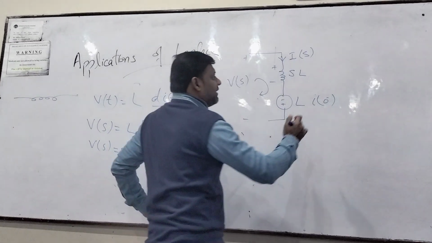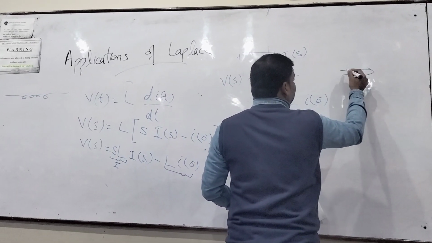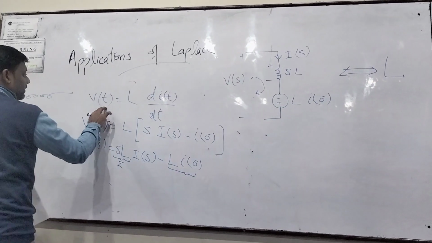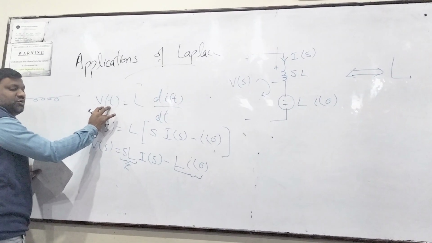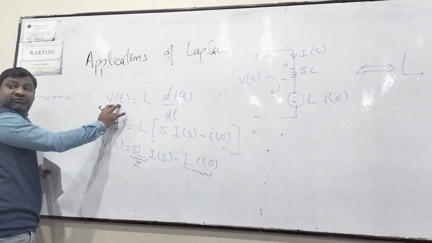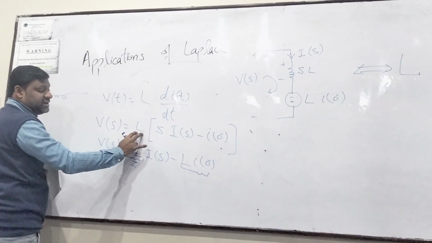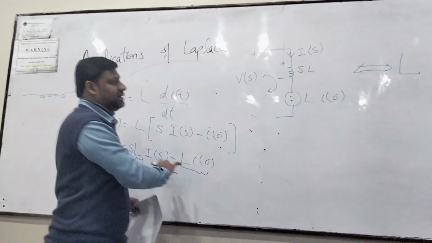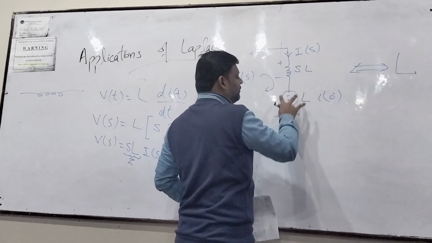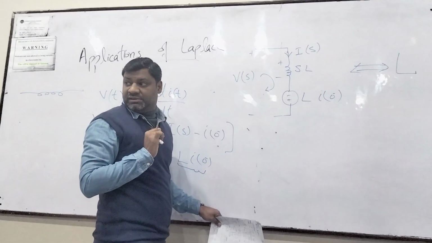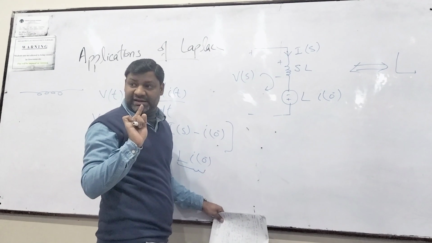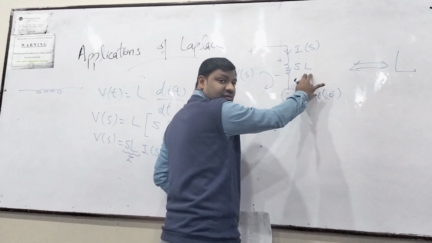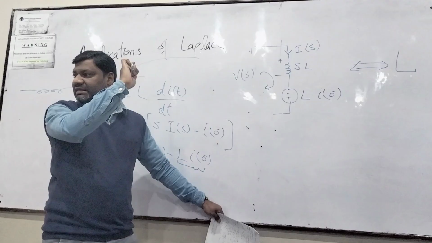So if we have an inductor in the time domain, and we have to transform the same inductor in the Laplace domain, then one of the possibilities is this configuration. Not only the inductor having the magnitude SL, which was previously j omega L in the frequency domain.